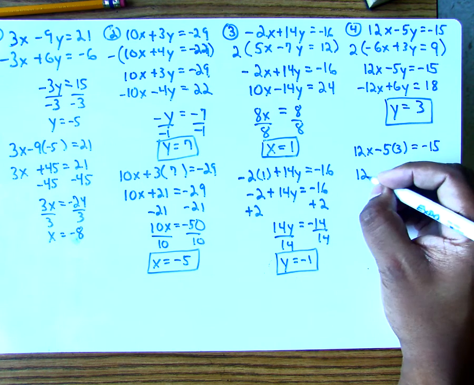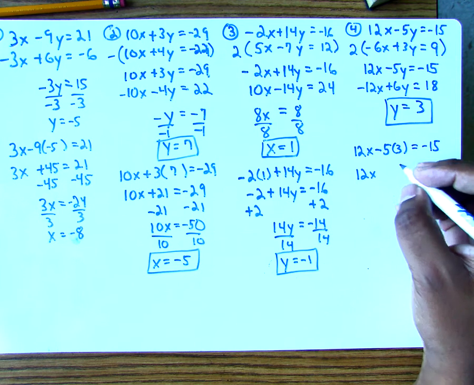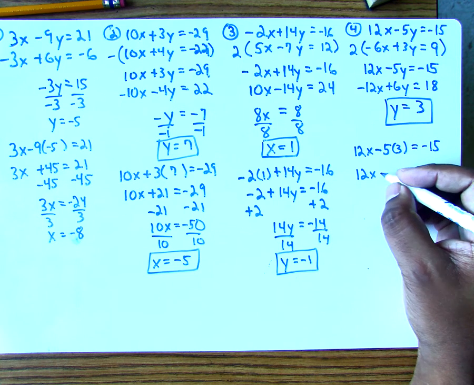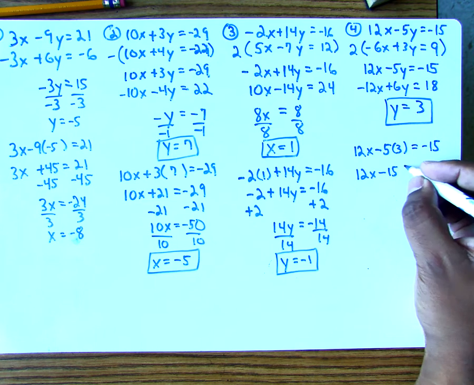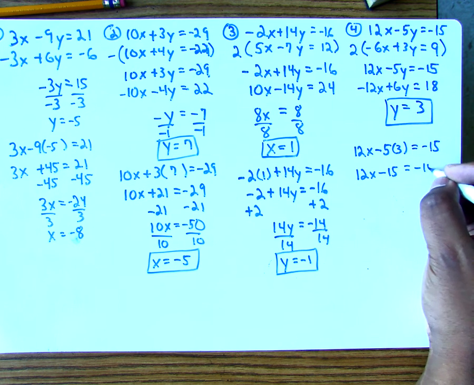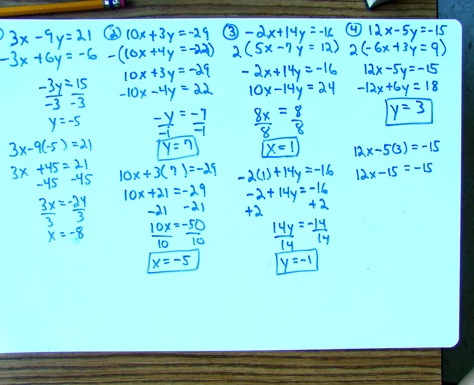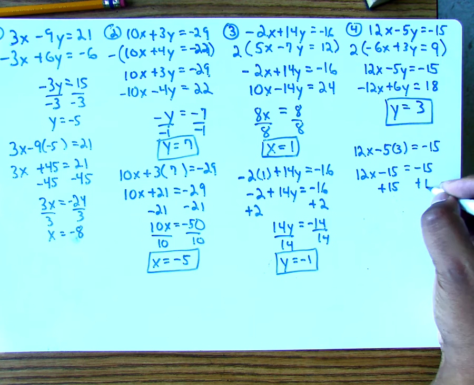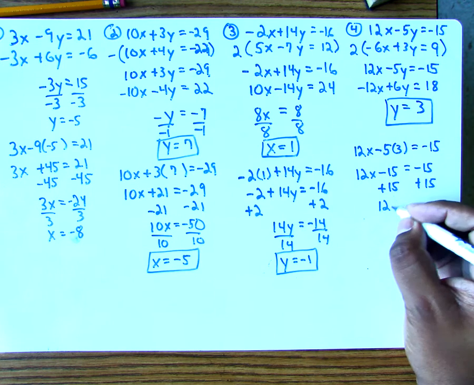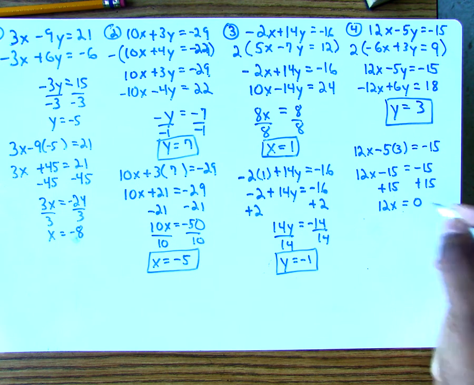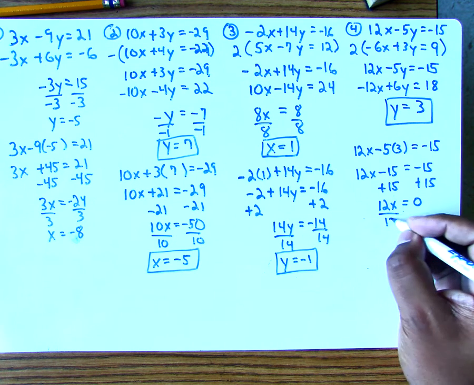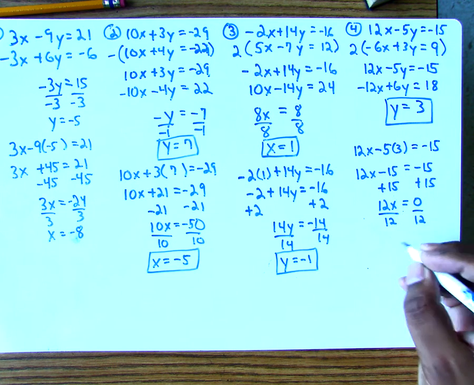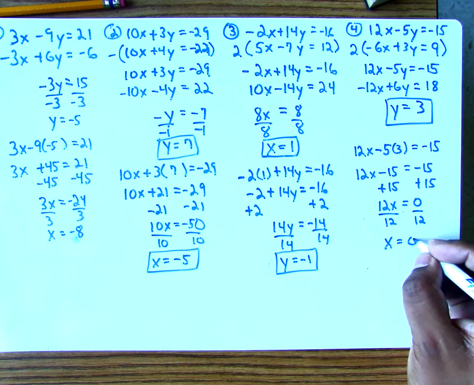Okay, 12x minus 15 is equal to negative 15. And we add 15 on both sides. The 12x is equal to 0. Divide by 12. And x is equal to 0.